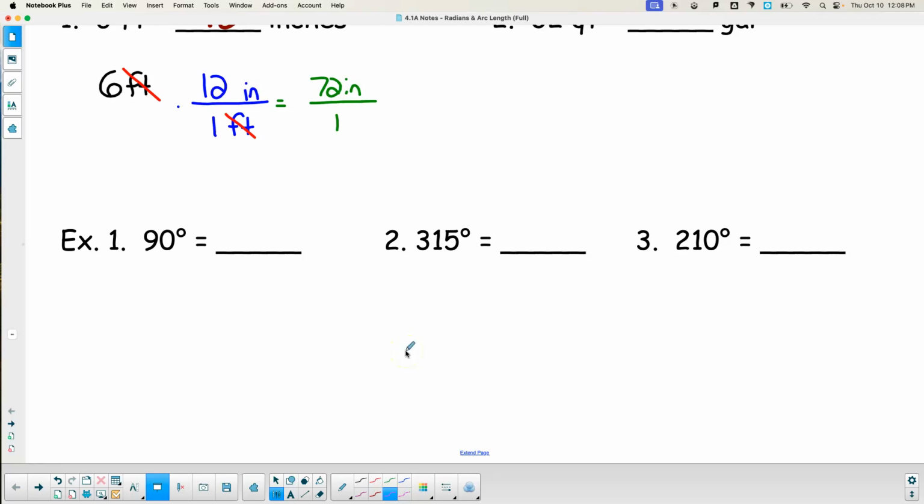So let's convert 90 degrees here into radians. I'm in degrees, so I want the degrees to cancel. So 180 degrees is going to go on the bottom, and pi radians is going to go on the top.